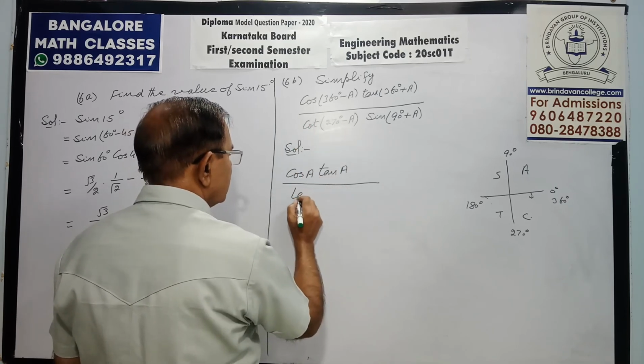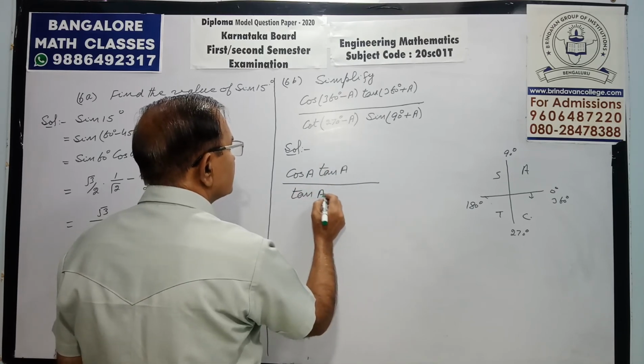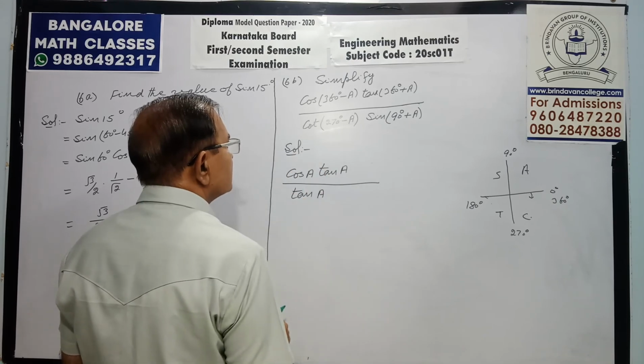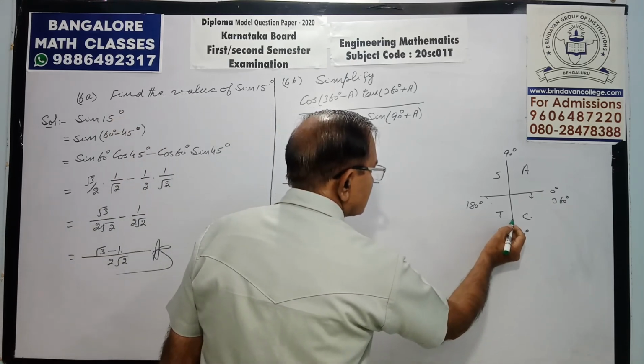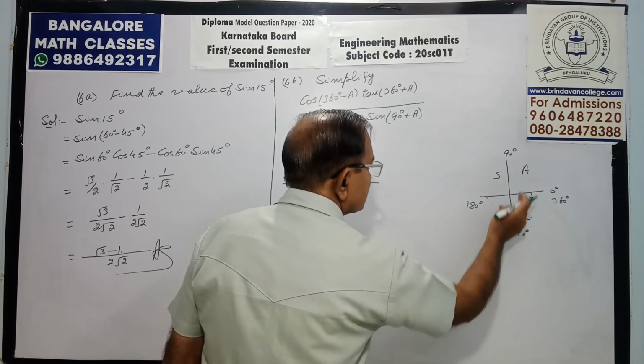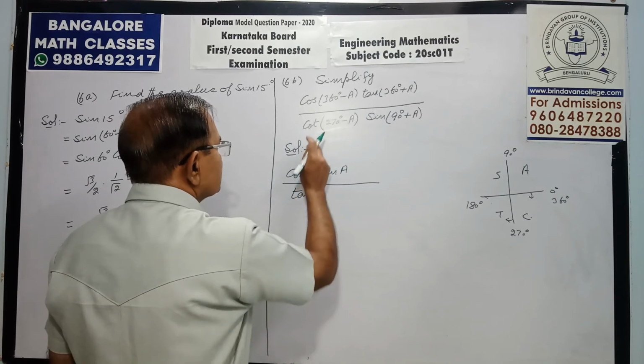It will come out to be tan of A. Come to the quadrant. 270 minus A is third quadrant. In third quadrant, tan cot positive.